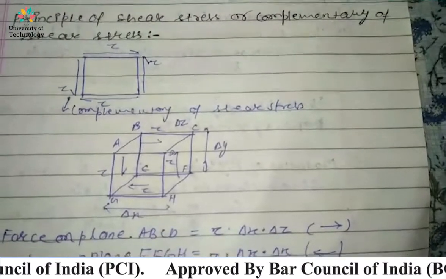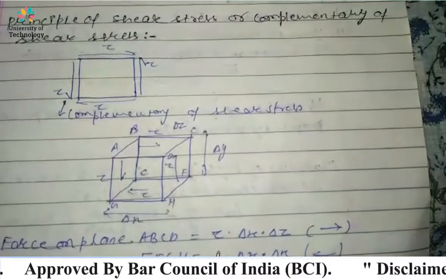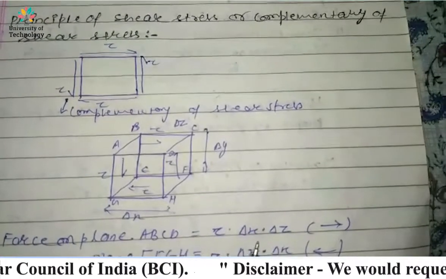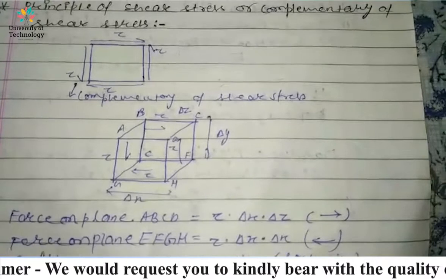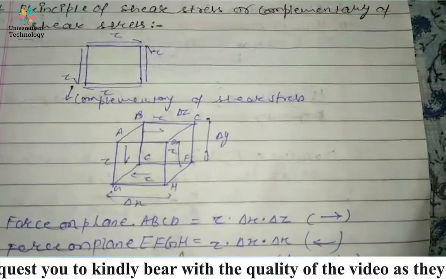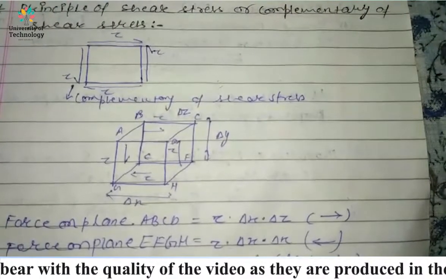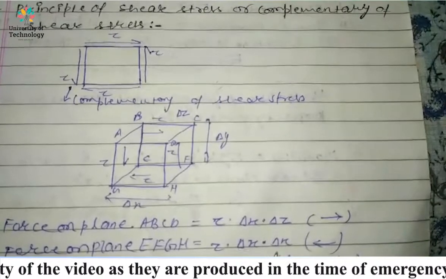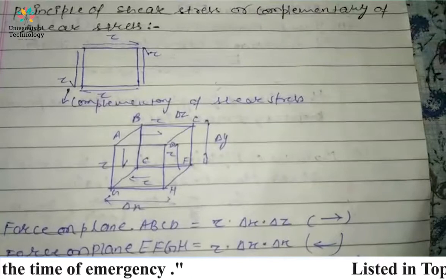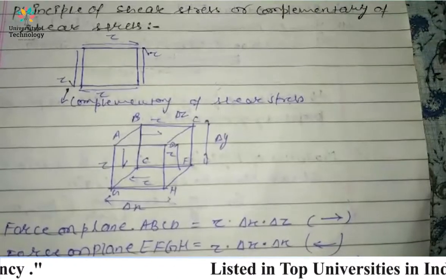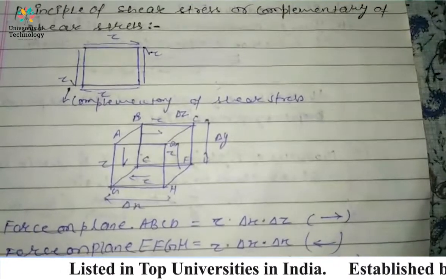Force is stress into area, where tau is the shear stress and area is del x into del z. In the same way, we find the force on plane EFGH, the shear stress tau and area is del x into del z. So we can see the couple of the plane, that is tau into del x into del y into del z, right?